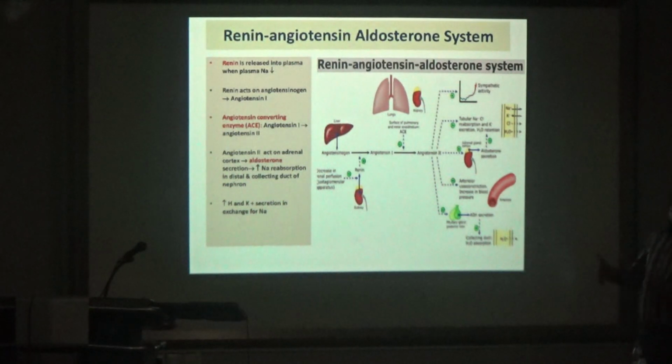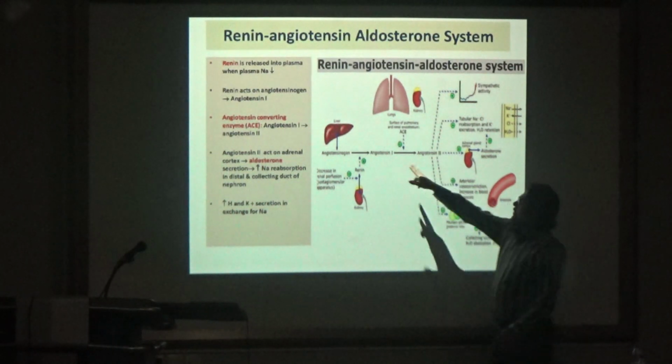So, which organ produces this angiotensin converting enzyme? Lung. The lungs produce it. Is it put in the bloodstream? No. Because they will convert.